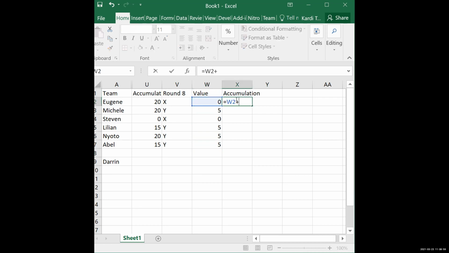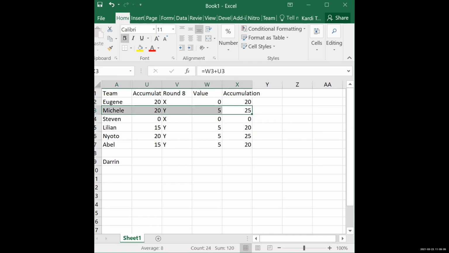So the accumulation is, oh, now at last the winners are Michelle and Nyoto. Guys, don't feel bad, this is just a game, okay? So let's think about it.